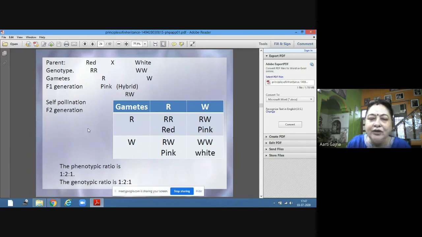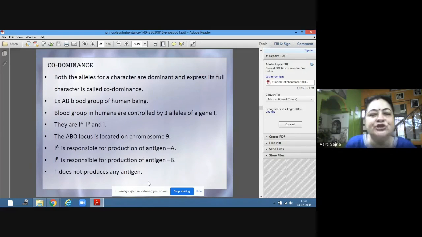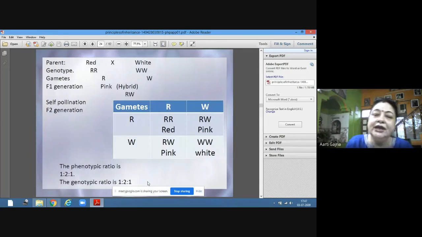And now if we self-pollinate this F1 generation, the result would be red, pink, pink and white. So the ratio is 1:2:1 phenotypic, and genotypic also 1:2:1. So that means phenotypic and genotypic ratio are the same in incomplete dominance.